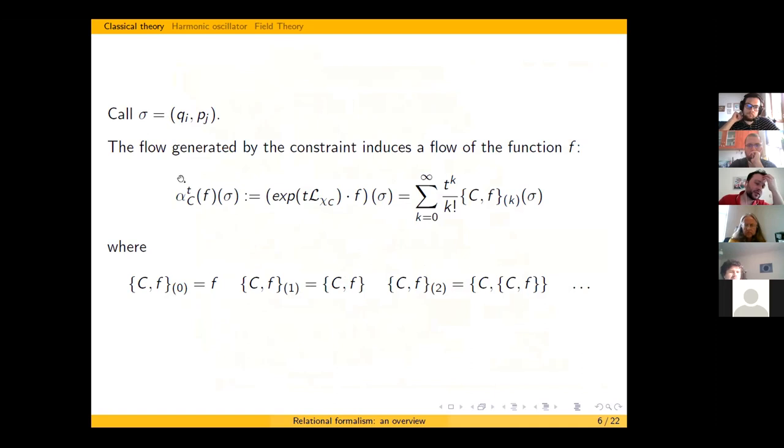So now, just call for simplicity sigma a random point in the phase space.